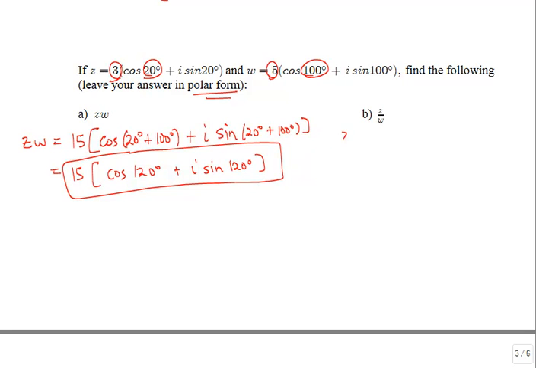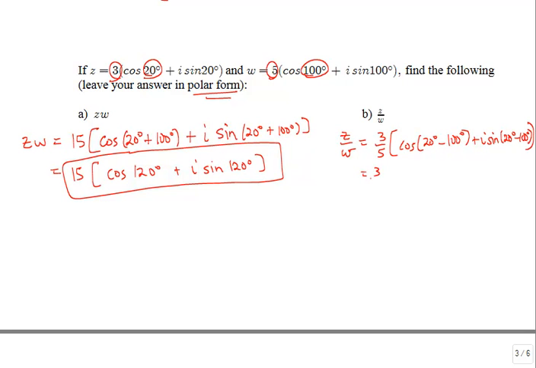Now to get the quotient, very, very similar process, but this time we're going to divide the first r, the 3, by the 5. So we divide the r's, and instead of adding these two angles, we subtract. So we take the 20 degrees first and subtract the 100, and then we do that for the sine as well.